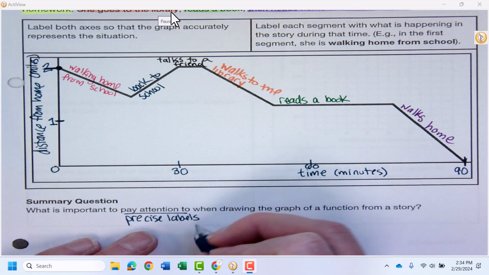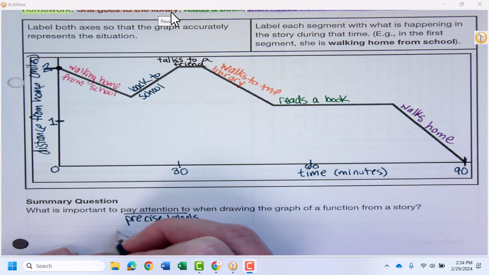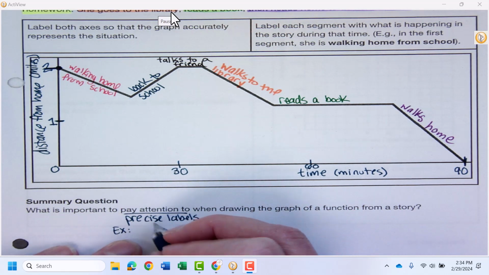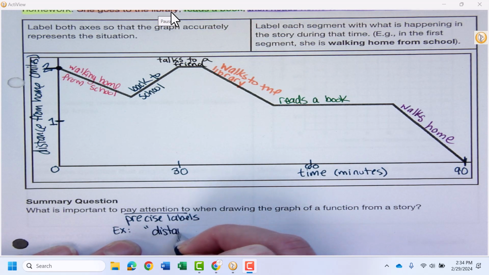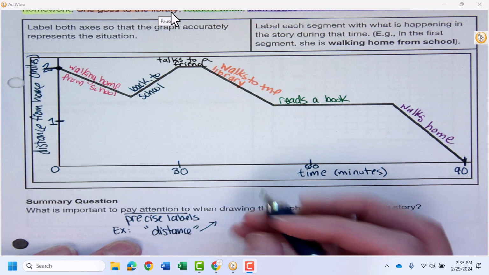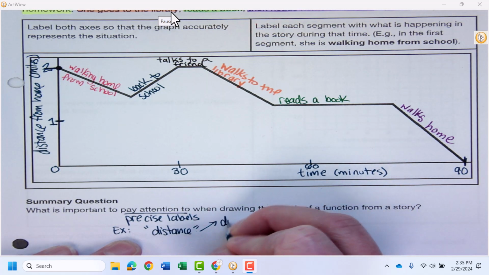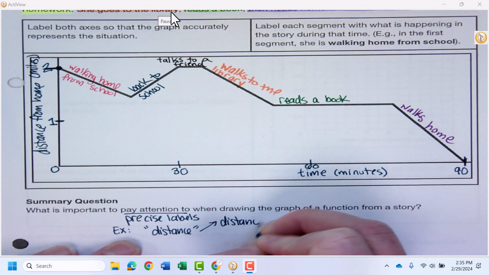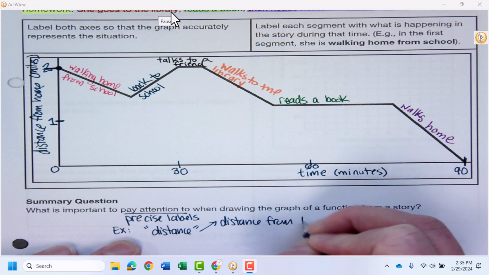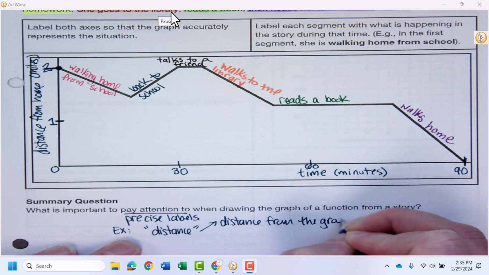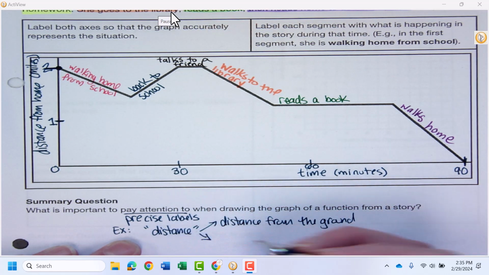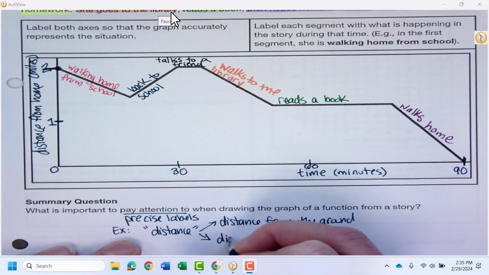Don't assume what distance means. So if I say distance, it might be better to say distance from the ground. Which is different than saying distance from home.